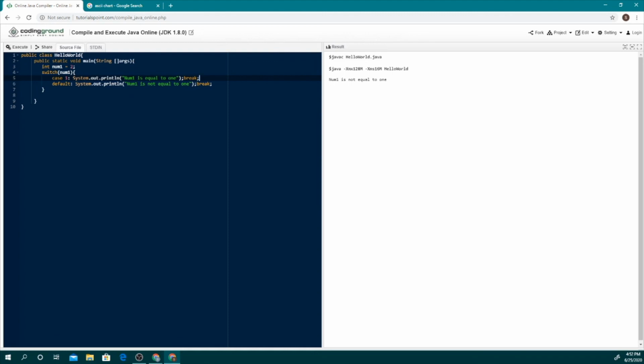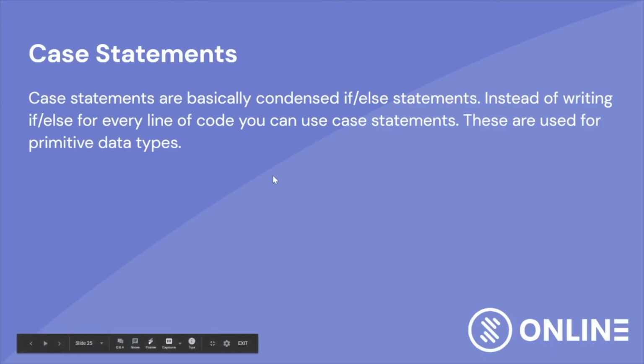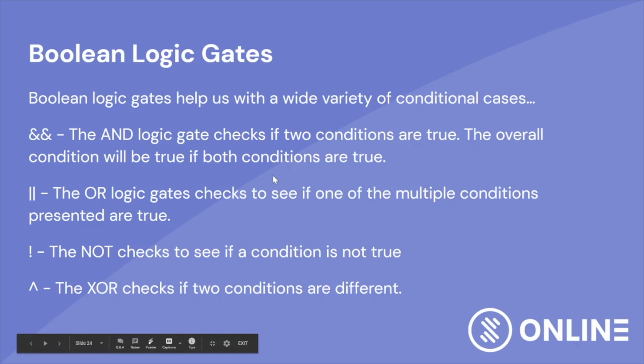Cool. Now we'll go on to our last subject, which is Boolean logic gates. Boolean logic gates help us with a wide variety of conditional cases. The AND logic gate checks if 2 conditions are true. The overall condition will be true if both conditions are true.